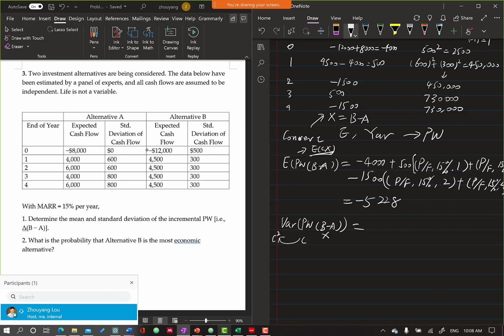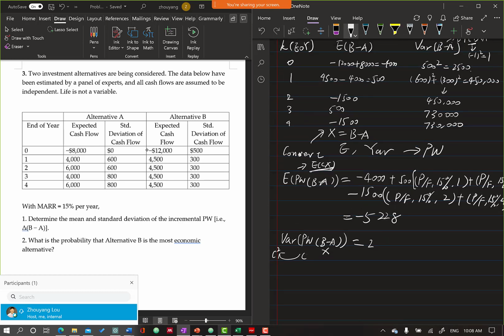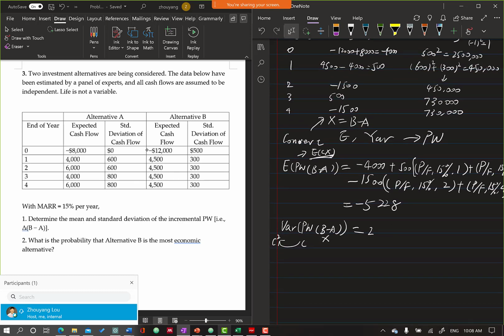So for the 1st year, we don't have any conversion, so that's just copying down the variance.